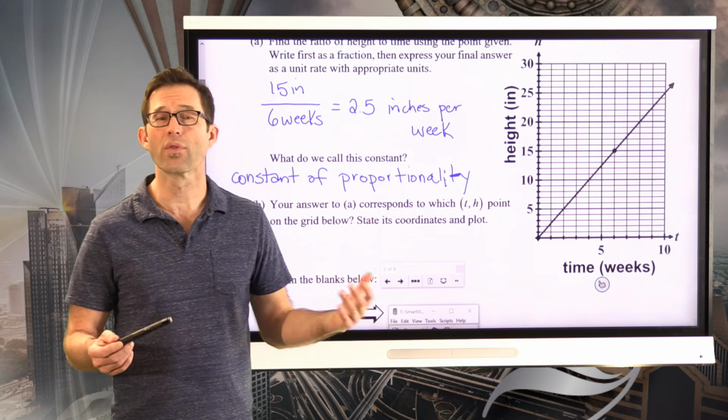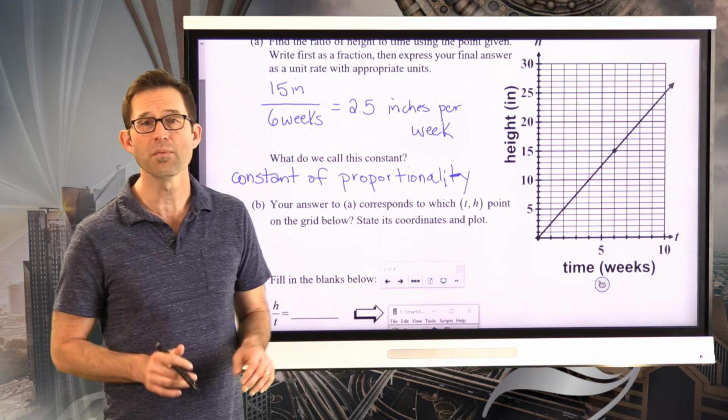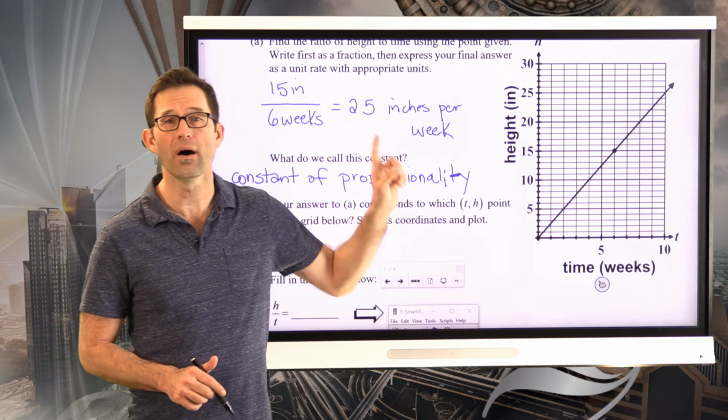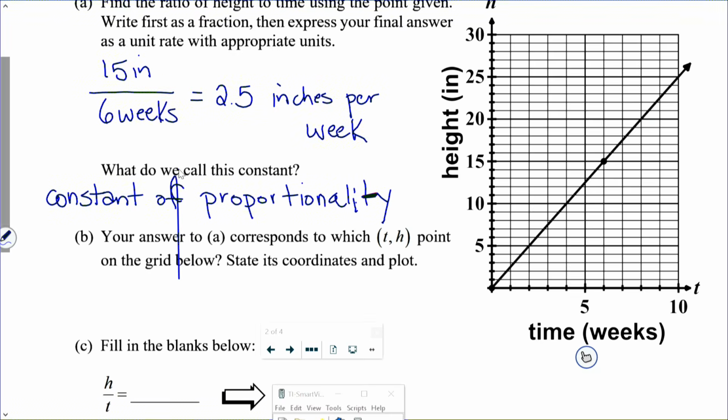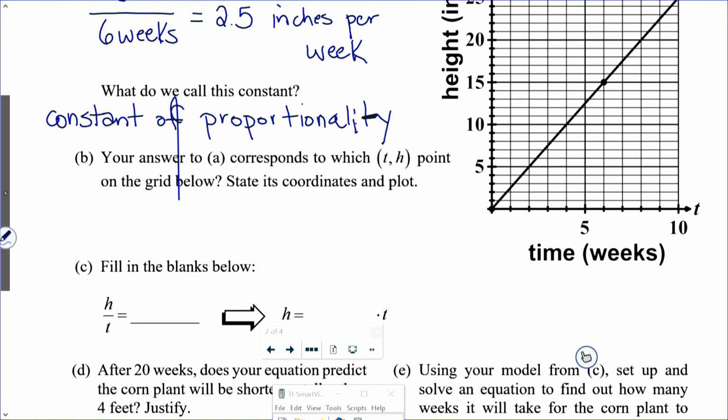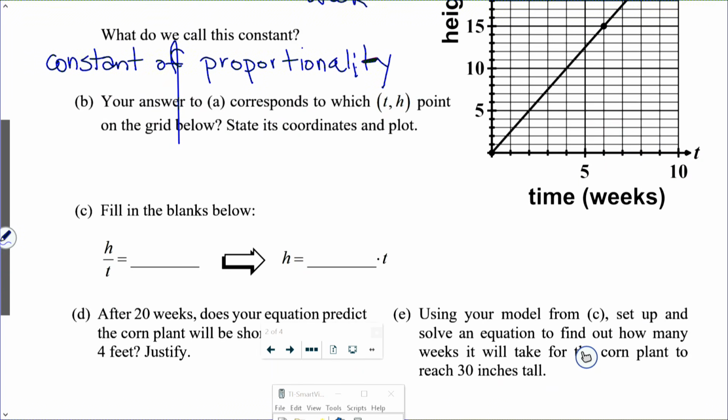All right, the unit rate, or the constant of proportionality, can always be found at 1 comma this number. So in other words, we should be able to see that at the point 1 comma 2.5.